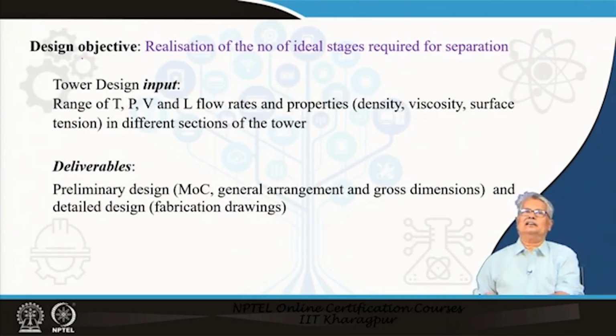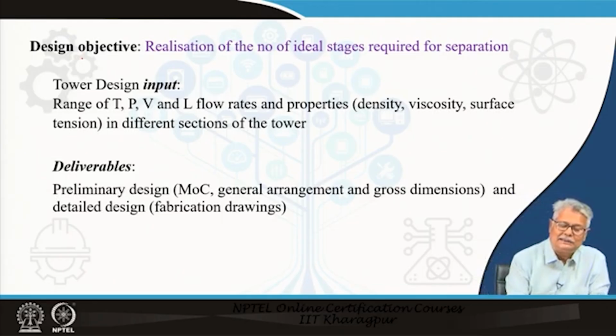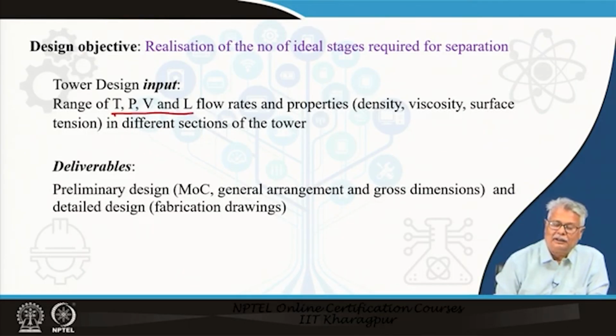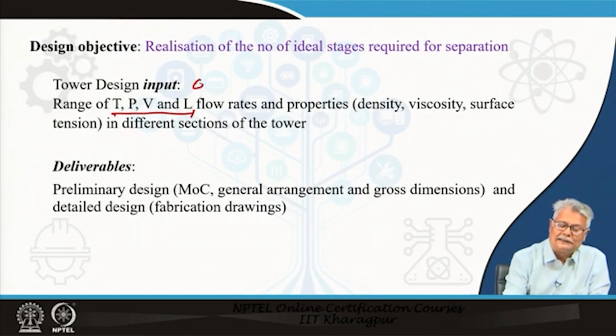Now, what I show you here is that the purpose of the practical tower is realization of the number of ideal stages which are estimated to be required for the separation itself. In order to do it, you shall be requiring the temperature, pressure, and the liquid flow rates, and also the gas flow rate and the properties in the different sections of the tower.